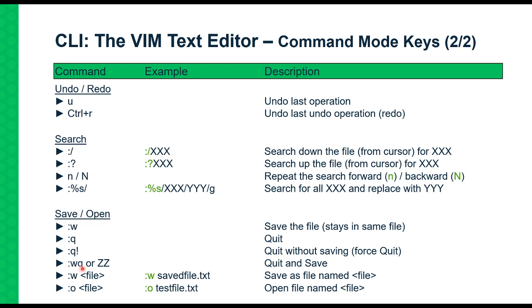Colon WQ is the instruction, and that will write, quit and save our document to the same file name. In Linux, in SUSE, they have created an alias called ZZ, capital ZZ. So this will automatically run the colon WQ command if you press Shift ZZ, and it will automatically save.